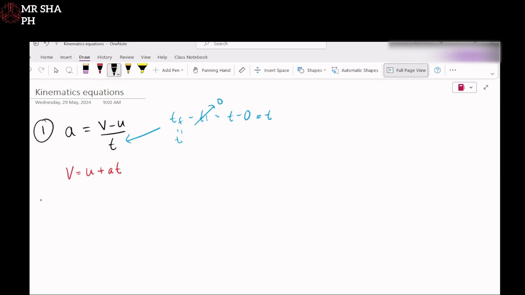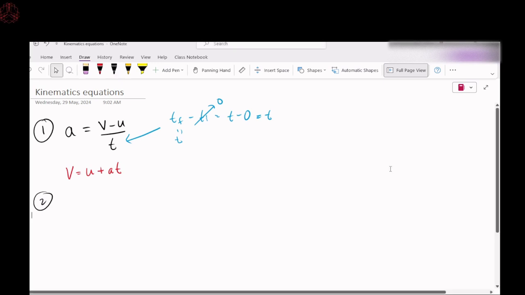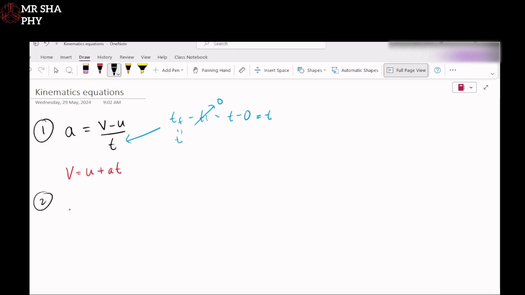Now for the second equation, what you will need is to consider a VT graph expressed by the first equation. So VT graph. I'm going to draw a straight line. It starts from u, and it ends at v. I'm just going to color this.